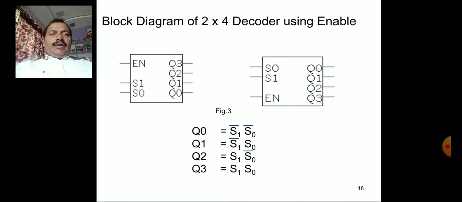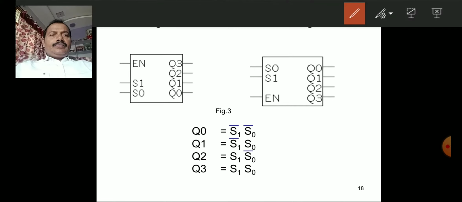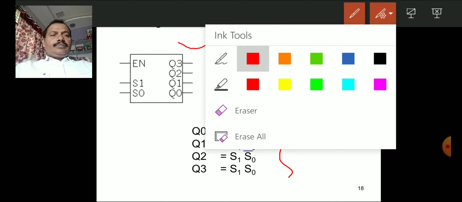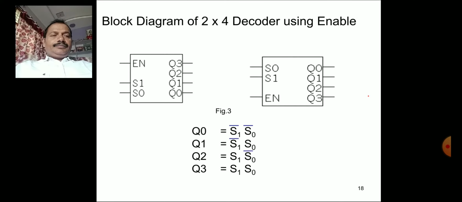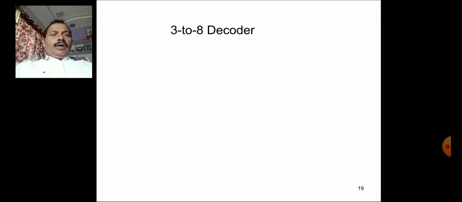With the enable input, this is the diagram of a 2 to 4 decoder. You can draw it either like this or like this, no problem. The output equations are always like this. Now the 3 to 8 decoder.